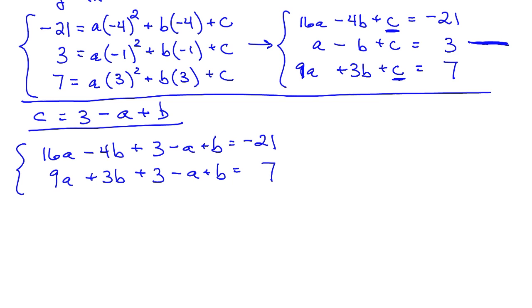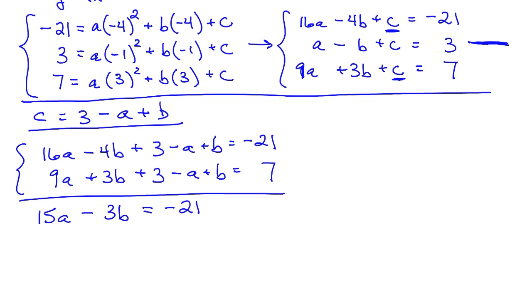All right, let's combine. So 16a minus a is 15a. -4b plus b is -3b. It's equal to -21.